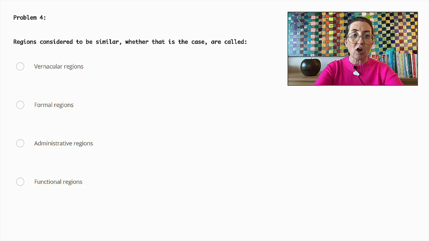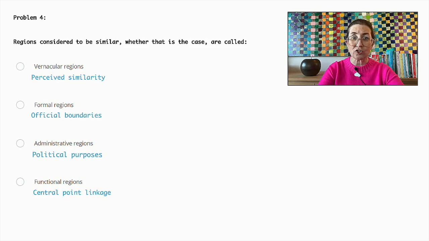Formal regions are defined by official boundaries and uniform characteristics, not by perceived similarity. Administrative regions are established for political or administrative purposes, not based on perceived similarity.